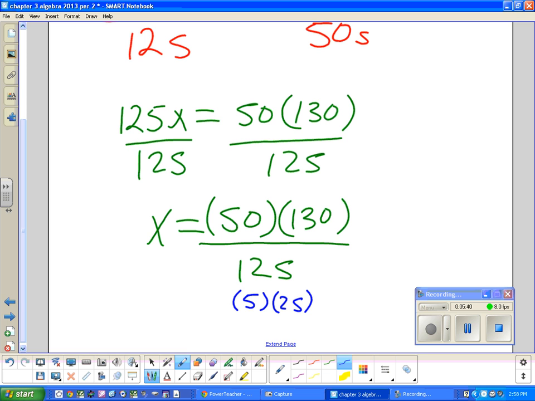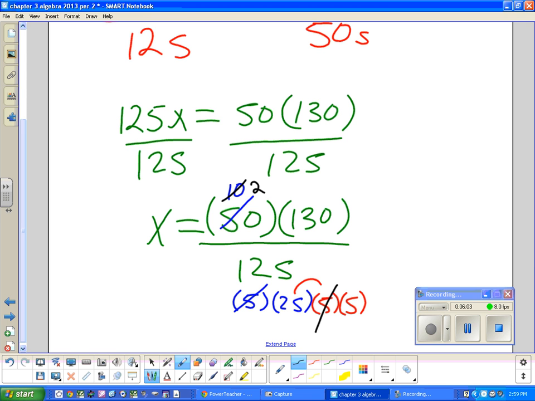So we can cancel this 5 and this 5 to leave a 10 behind there. The 25 leaves a 5 times 5 behind. And we can take a 5 out of here and here and leave a 2 behind there.